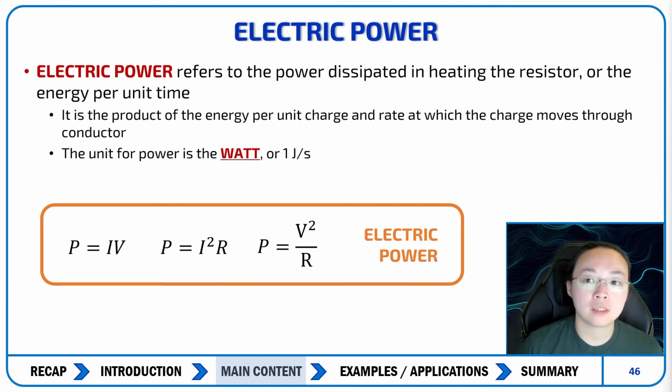It's the product of the energy per unit of charge and the rate at which the charge moves through the conductor. We call electric power the number of watts in a system, so it's going to be 1 joule per second. Electric power is defined as P equals IV, or P equals I squared R, or P equals V squared over R, depending on how you want to integrate Ohm's law into this equation.